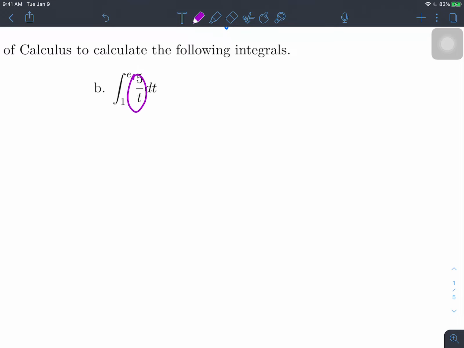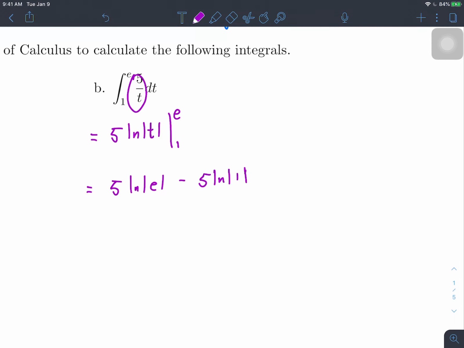Should be 5 ln t. Yeah, it should be 5 ln of absolute value of t. And then we should evaluate that at 1 and e. So what do we get? 5 times ln of e minus 5 times ln of 1.